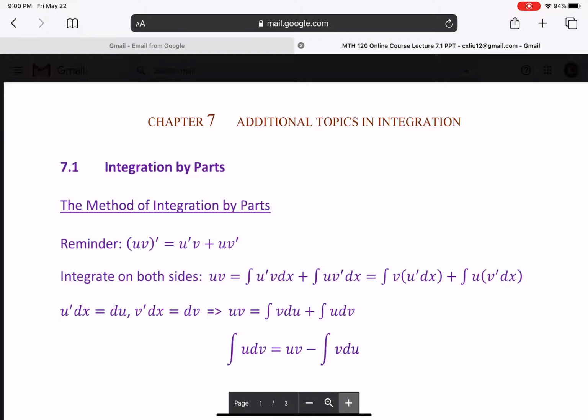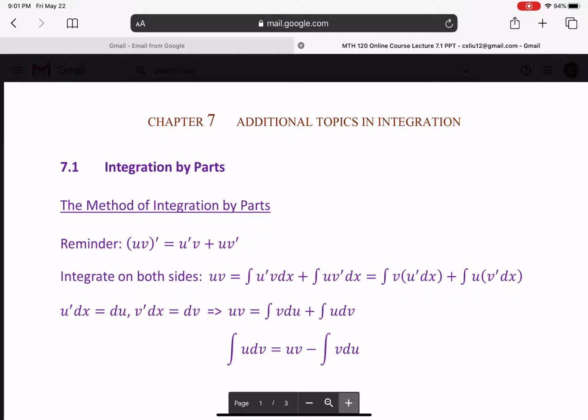Now, using the definition of differentials, u prime dx is just du, and v prime dx is just dv. So we can rewrite the formula as uv equals the integral of v du plus the integral of u dv. So we arrange the terms to get the formula: the integral of u dv equals uv minus the integral of v du.